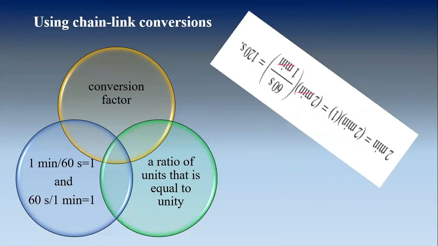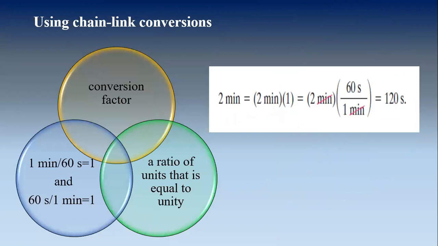Here, I brought an example. We want to change 2 minutes to seconds. We have 2 minutes times 1. 1 is the conversion factor. Instead of 1, we use the conversion factor, and here we should pay attention that we need to cancel minutes.